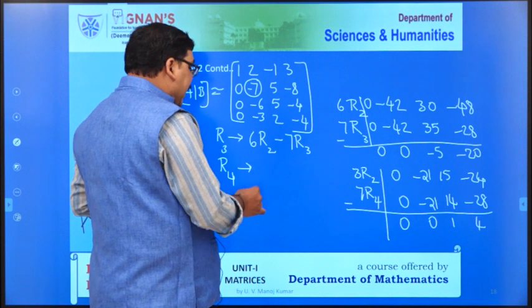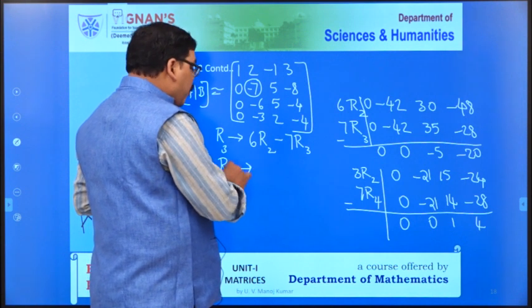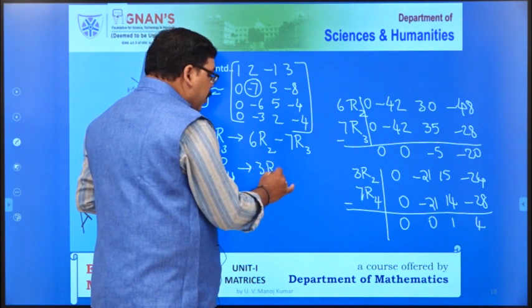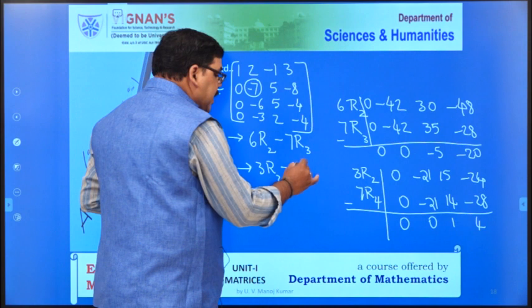So, I am applying the second row operation: R4 tends to 3R2 minus 7R4.